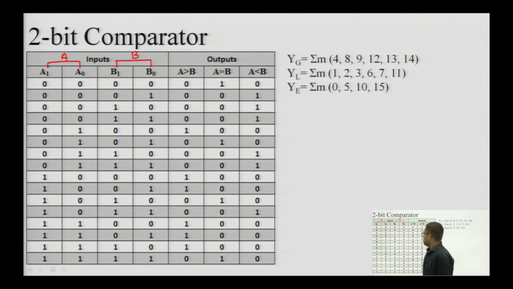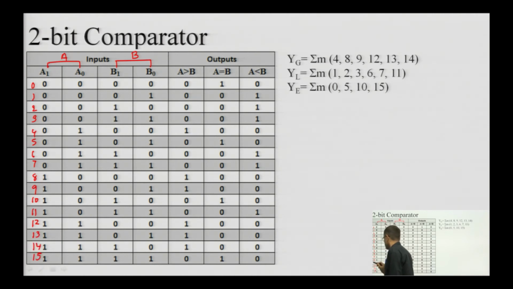Okay. So, there are a total of 4 inputs, and for 4 inputs we will be covering the cases 0, 1, 2, 3, 4, 5, 6, 7, 8, 9, 10, 11, 12, 13, 14 and 15.